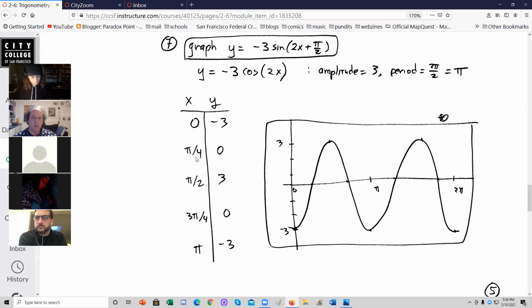Halfway between here and here is pi over 4. Halfway between here is 3 pi over 4. So 0 by -3, like here. Pi over 4 by 0, like here. Pi over 2 by 3, like here. 3 pi over 4 by 0, here. Pi by -3, here. And here are 2 waves of it.